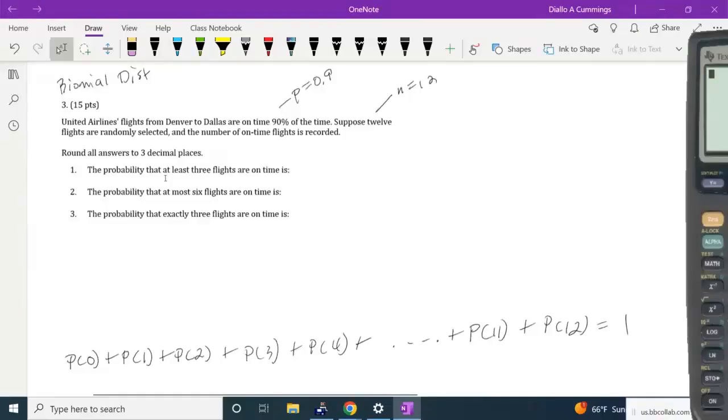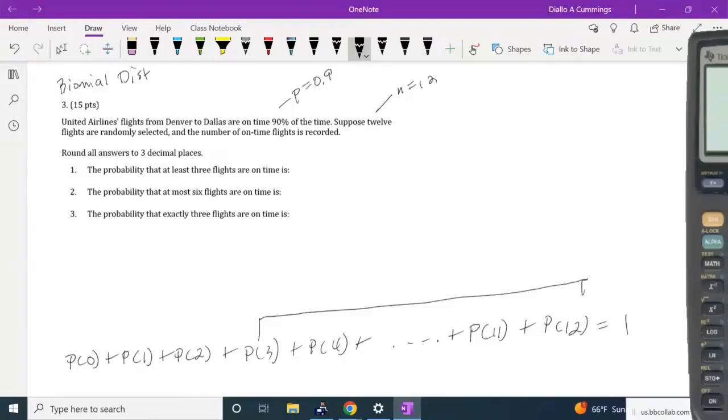All right, so it says the probability that at least 3 flights are on time. So if I take a look at my probability distribution down here at the bottom, it says the probability that at least 3. So that means that 3 flights can be on time, 4 flights can be on time, all the way up to 12, right?